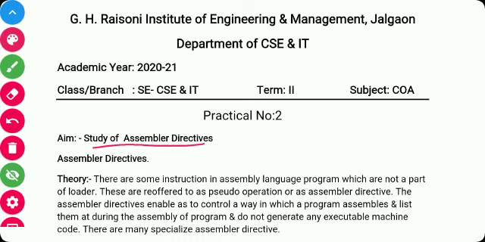They enable us to control the way in which a program assembles and lists during assembly, and they do not generate any executable machine code. So we will see these assembler directives one by one.